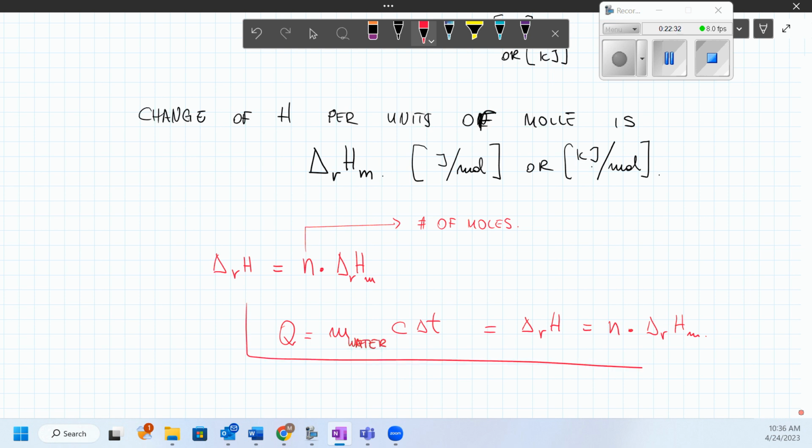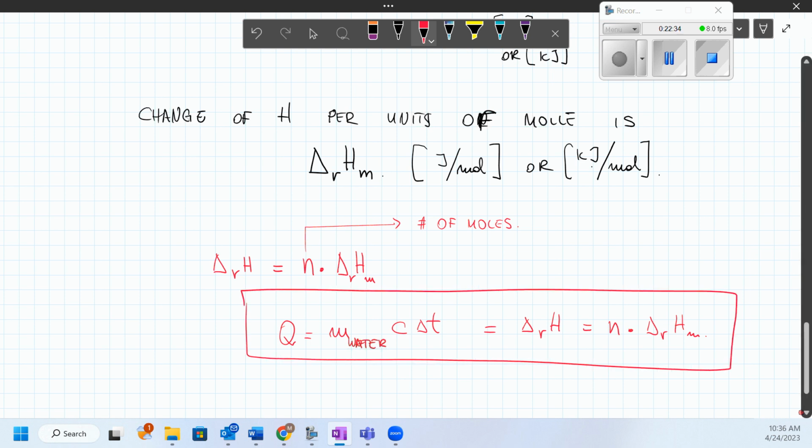So this is the formula that we will derive and use to deal with questions that, in a nutshell, involve calorimetry.